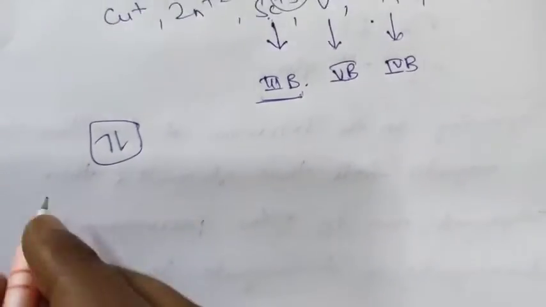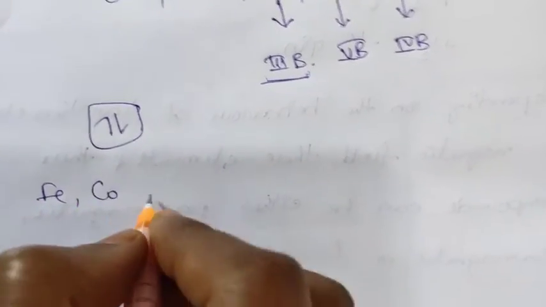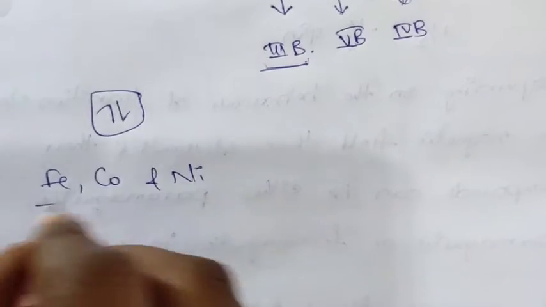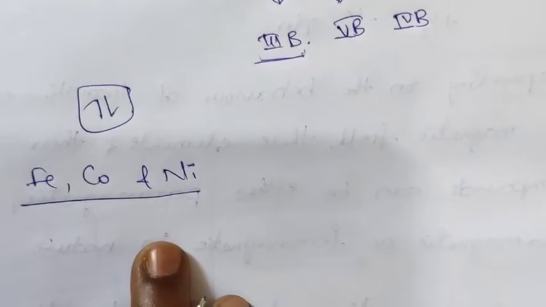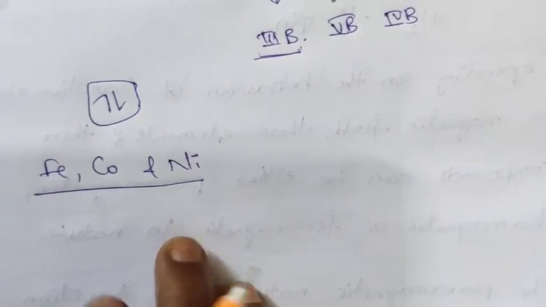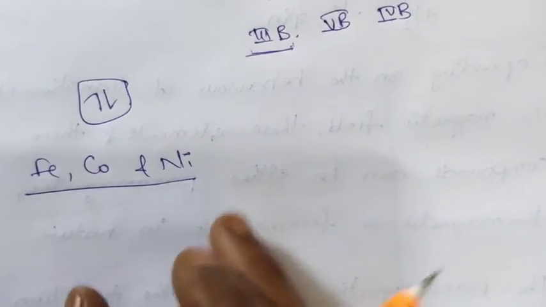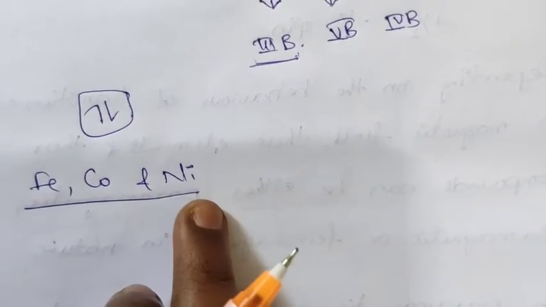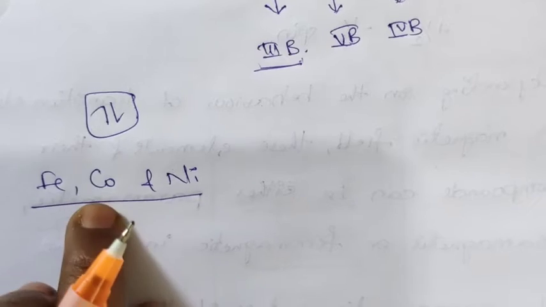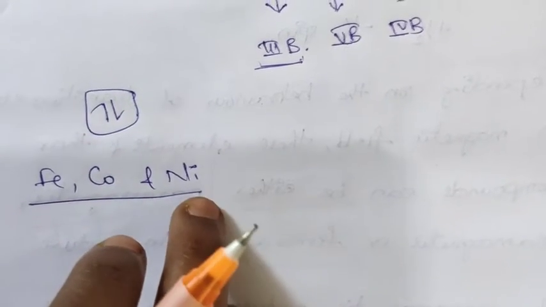Next one, iron, cobalt and nickel. These show ferromagnetic properties. Why? Because of the presence of a sufficient number of unpaired electrons in iron, cobalt and nickel. These elements are strongly attracted by the magnetic field.